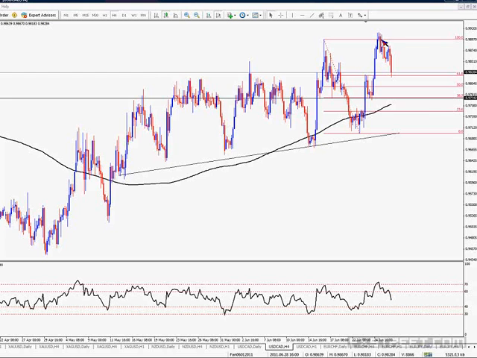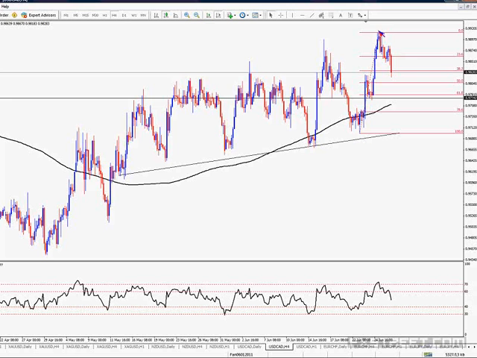So now we have this correction to this rally. Let's stalk this correction. These are pretty sharp bearish candles, but now we are testing this resistance. Let me see what retracement level that is.